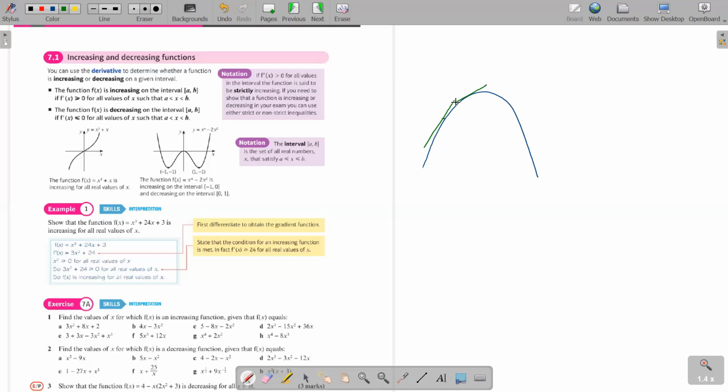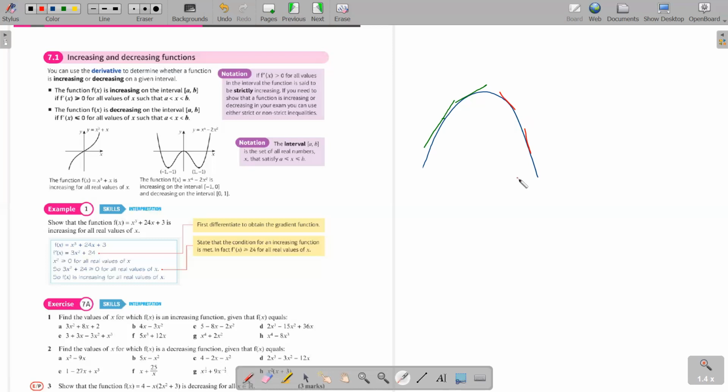If I draw tangents on the other side, they have negative gradients. So this side is the increasing part and on the other side the y values are decreasing.